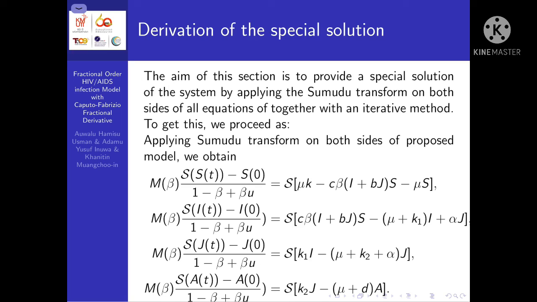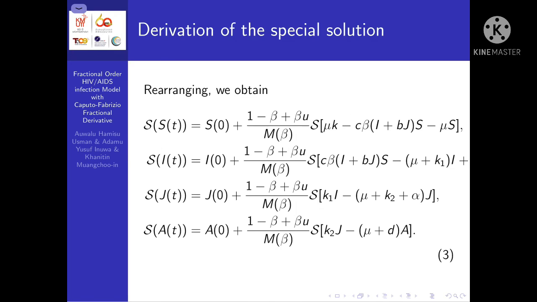We will get this equation with beta and operator S in this form: the operator S of the parameters S, I, J, A, defined in equation 3, equals the parameter at 0 plus some factor.